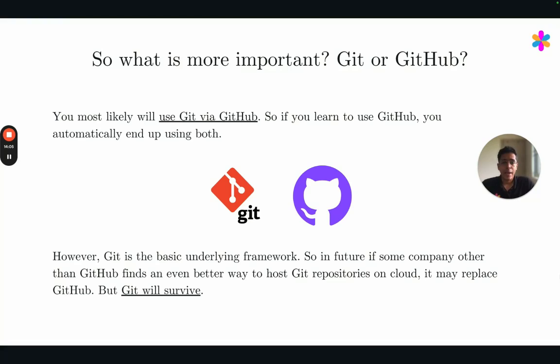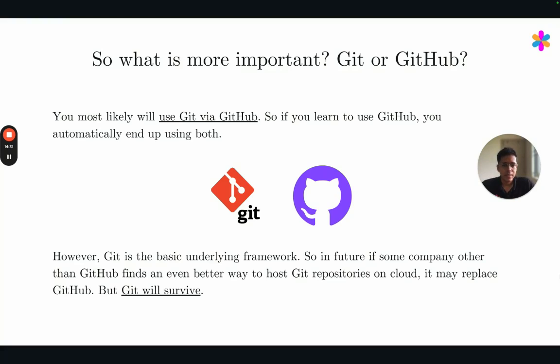Maybe if GitLab becomes more popular due to whatever reason, maybe due to some features that it allows or for larger storage space or whatever, maybe GitHub will get replaced by GitLab, who knows? But the underlying framework for both of these would be Git. So the Git framework is unlikely to be replaced.